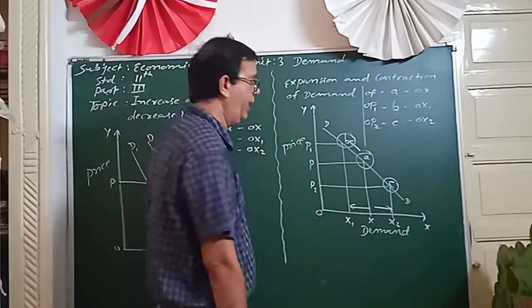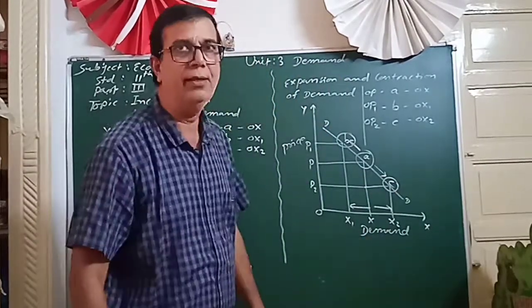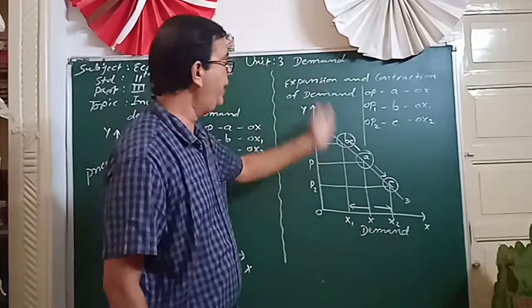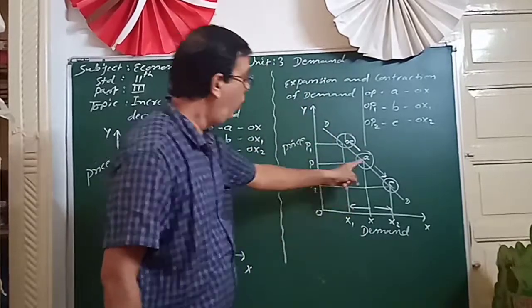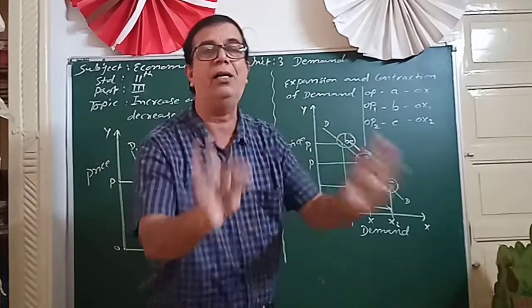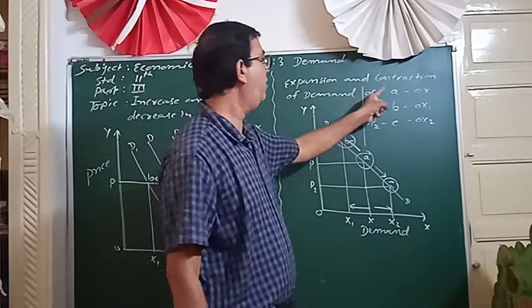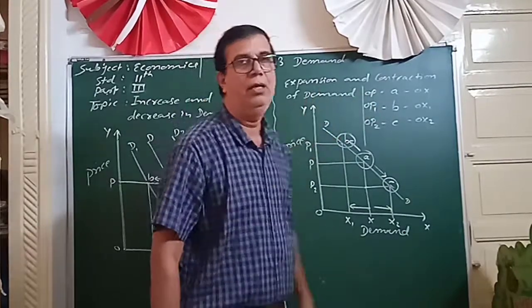This is known as expansion of demand. In expansion and contraction of demand, only the equilibrium point changes, not the demand curve. So this is expansion and contraction of demand.